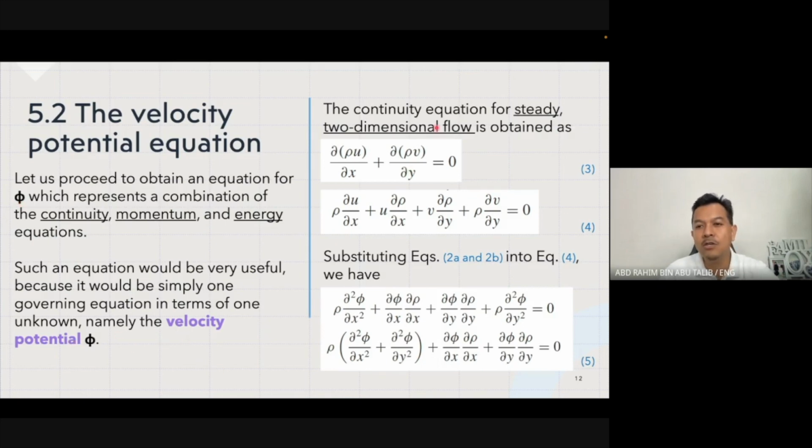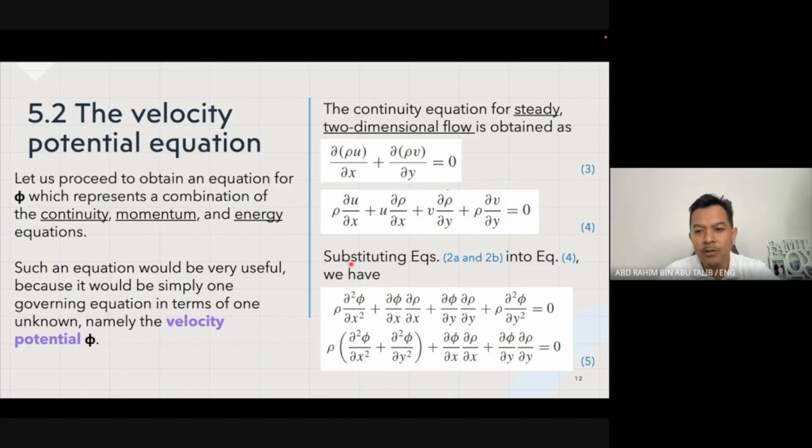If we look at the continuity equation for steady two-dimensional flow, it is obtained as equation 3, with density times the velocity component u, as well as density times the component v. Solving it, you can get the expression of equation 4.